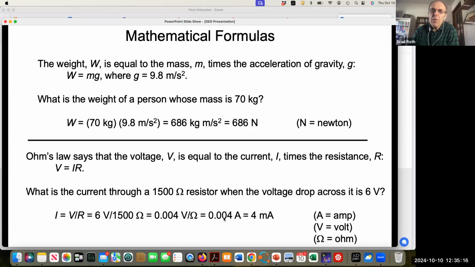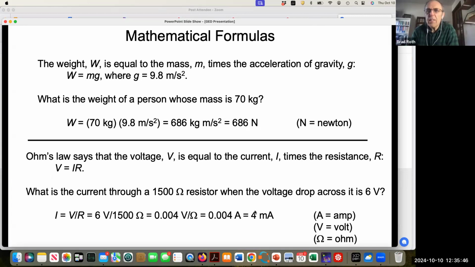And if you have 0.004 amps, then if you wanted to go to the metric prefix, it's 1, 2, 3, it's 4 times 10 to the minus 3 amps. It's 4 milliamps. So yeah, you don't need to memorize the equation and what's Ohm's law, but you need to be able to use it. And to be able to use it, you have to be comfortable with things like units, like scientific notation, those kinds of things.